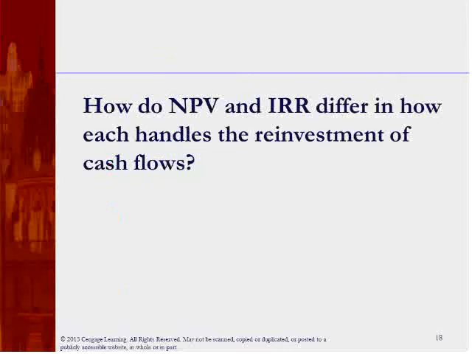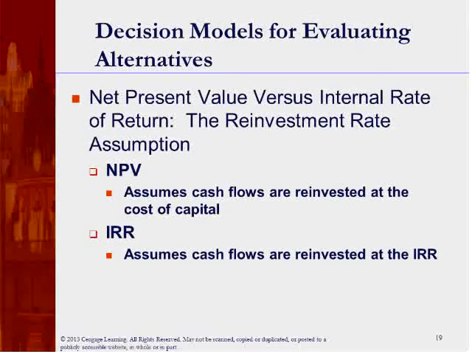real options. Now, how do NPV and IRR differ in how each handles the reinvestment of cash flows? Let's take a look at that. The reinvestment rate assumption: NPV assumes cash flows are reinvested at cost of capital. IRR assumes cash flows are reinvested at IRR.